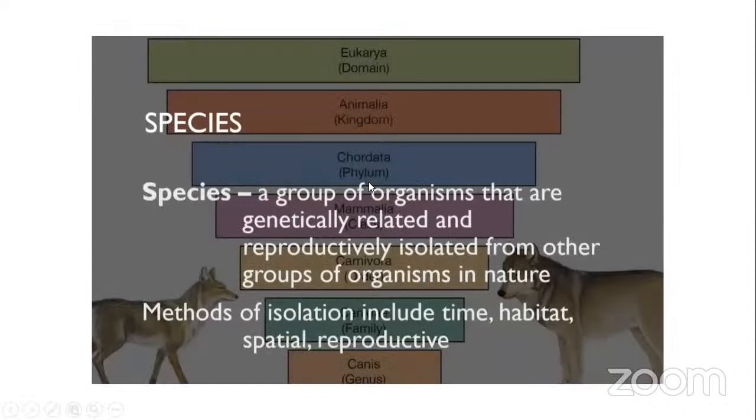All other groups are similar, except that up to genus they are the same. One is a gray wolf and another is a different species. So they have a difference in species. When we distinguish the species, they are different species, but they belong to the same domain, kingdom, phylum, and so on.